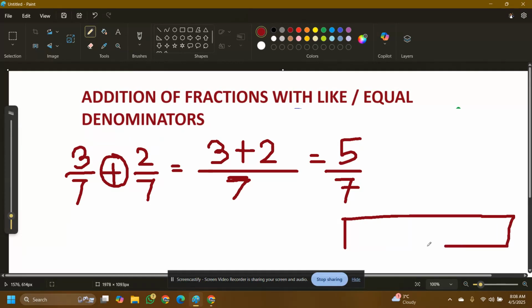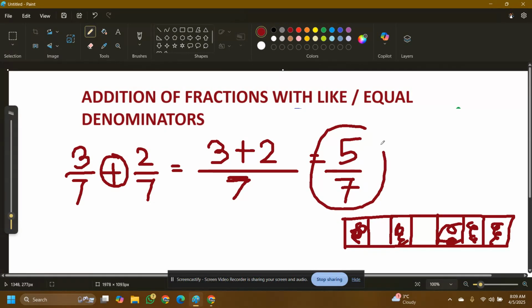That means that we have a candy bar which has got 7 equal parts, and we are coloring 5 parts out of those 7 equal parts. We are only bothered about 5 parts of those 7 equal parts. So the answer is 5/7.